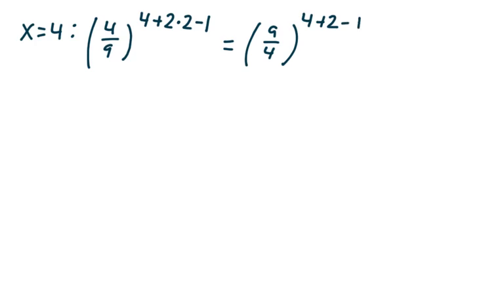Now, on the left-hand side, I get 4/9 to the 7th. And on the right-hand side, I get 9/4 to the 5th. Those don't look equal, right?